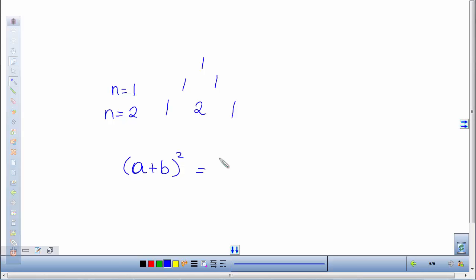So we're going to start with 1 a squared, then my last one is going to be 1 b squared, and in the middle we're going to have 2ab.